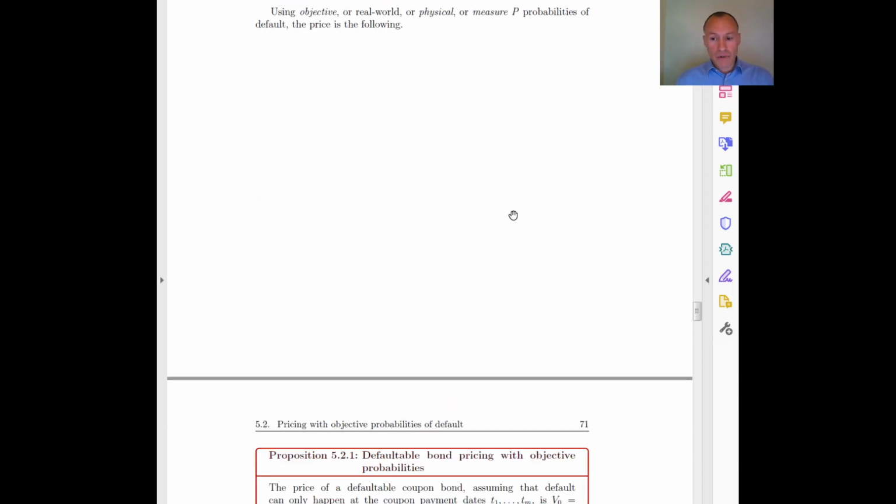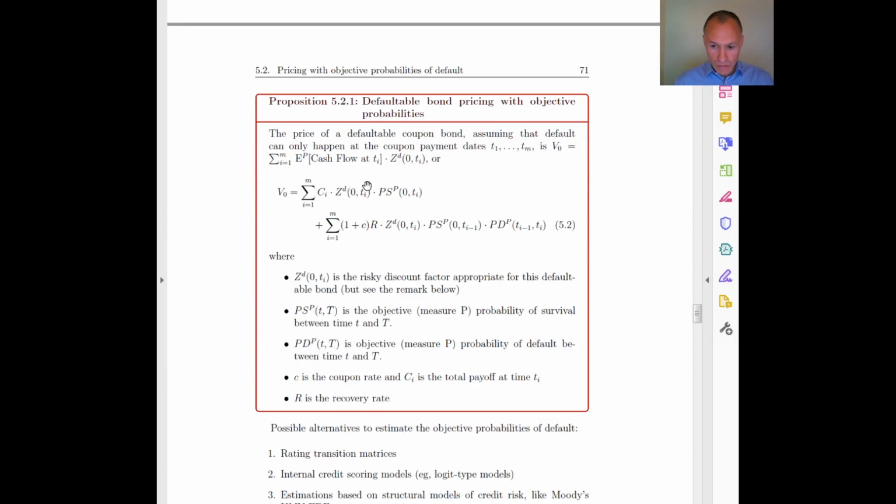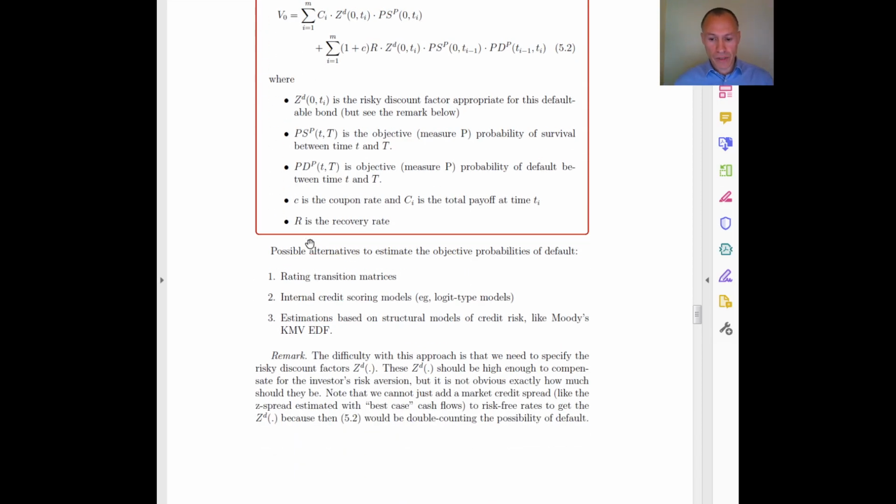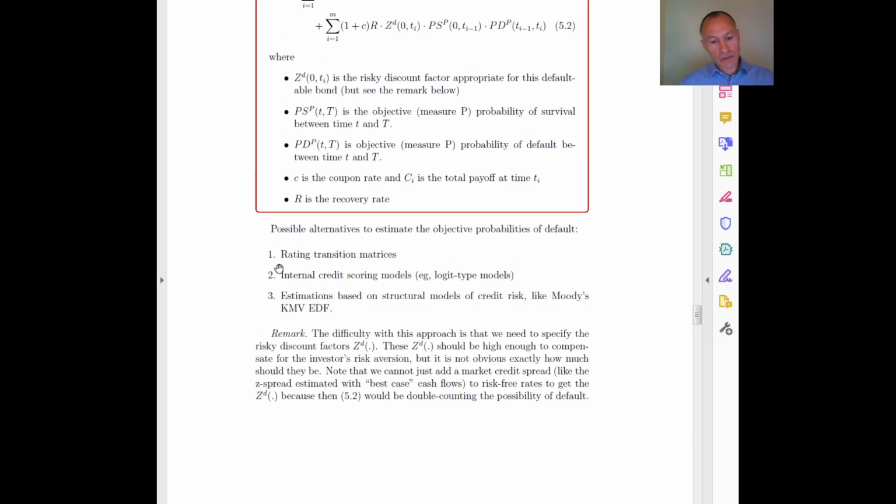So if I were to compute the price with this framework using a discount factor based on the market Z spread, I would be double counting the credit risk of the firm. I would be counting it once in the discount factor, and I would be counting it twice in the cash flows by reducing the numerator. So this would be wrong. So I cannot use the real physical probabilities of default. Okay? So I'll continue in the second video.